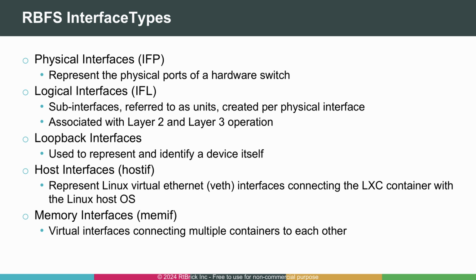In virtual topologies, you can create additional Virtual Ethernet interfaces and Linux bridges. RBFS host interfaces correspond to Virtual Ethernet interfaces in RBFS. Memory interfaces are virtual interfaces used for creating virtual topologies, enabling communication between multiple RBFS containers.